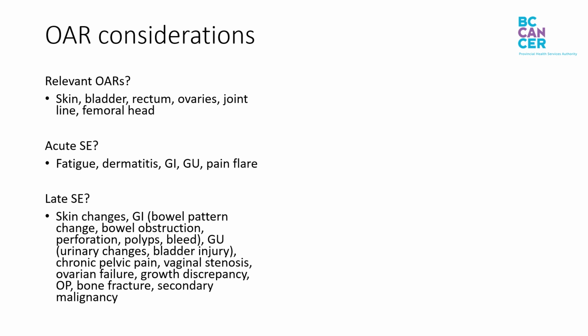Unfortunately, there can be numerous late side effects associated with radiation treatment, including skin changes such as hyperpigmentation, fibrosis, or atrophy, gastrointestinal side effects such as bowel pattern change, bowel obstruction, perforation, polyps, and bleeding, genitourinary late side effects such as urinary stricture, bladder injury, as well as others like chronic pelvic pain, vaginal stenosis, ovarian failure, infertility, growth discrepancy, osteoporosis, fragility, bone fracture, and secondary malignancy.